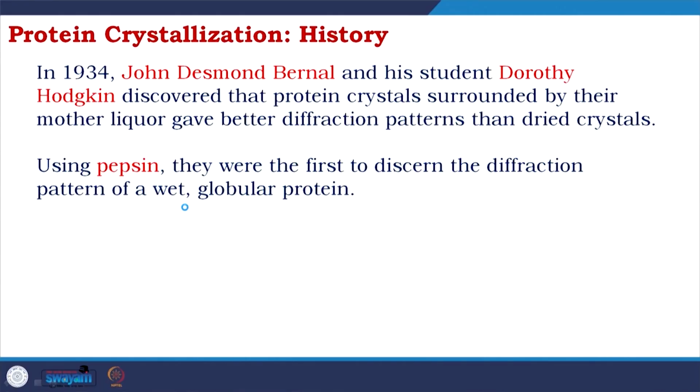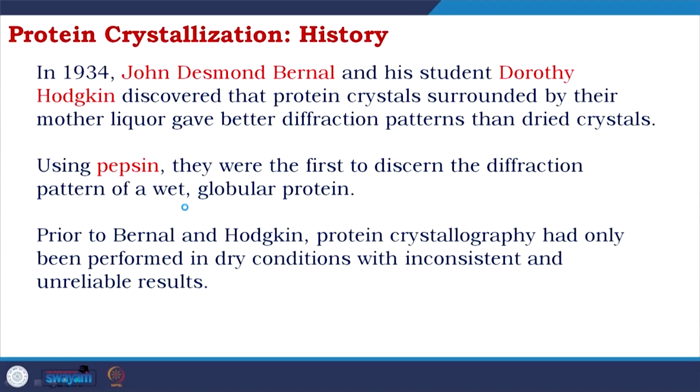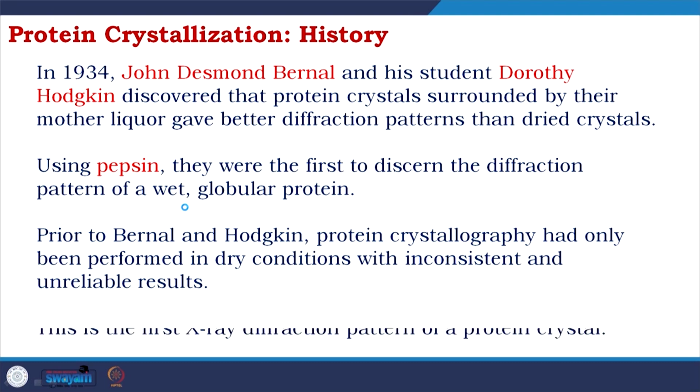Using pepsin, they were the first to discern the diffraction pattern of a wet globular protein. This is the first attempt where they used X-rays to get a diffraction pattern. They could not solve it yet. Prior to Bernal and Hodgkin, protein crystallography had only been performed in dry conditions with inconsistent and unreliable results.